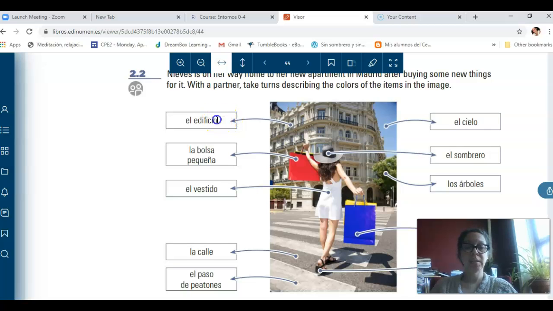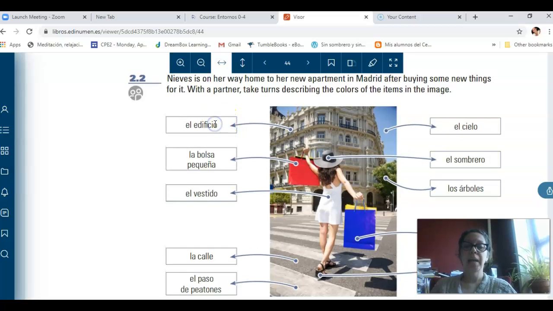El edificio, since it's ending with O, I know that is masculine. Also, to double check, I take a look at what is in front of my noun. In this case, it's el. Every time that I have el, I know that I'm dealing with a masculine noun. If I have la, I know that I'm dealing with a feminine noun.